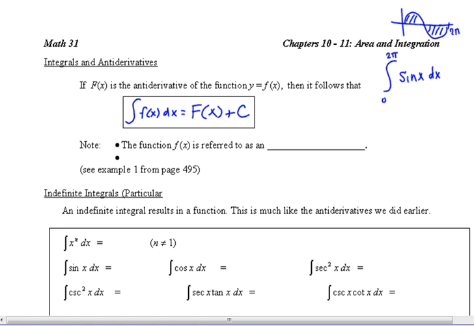So when you evaluate the integral, it equals 0 because the amount above and the amount below cancel each other out. So it doesn't always represent area. That's something to note. If you're looking for area, you have to use the antiderivative and separate it, where it's above the axis and where it's below the axis.